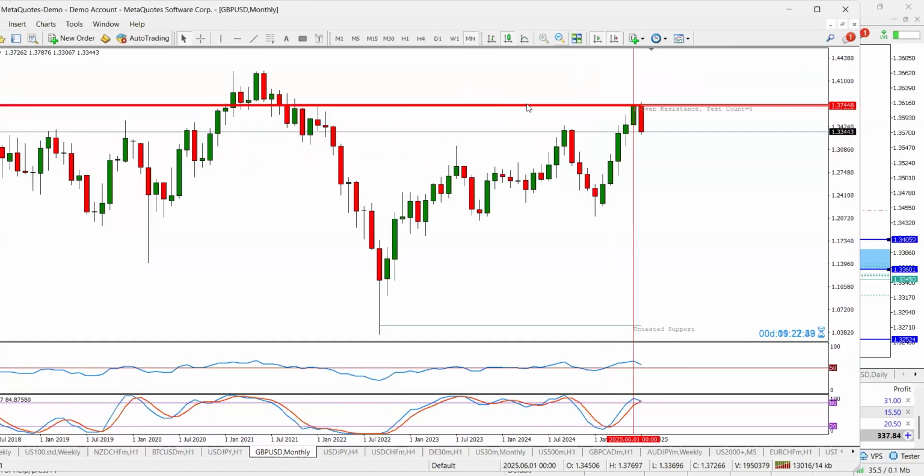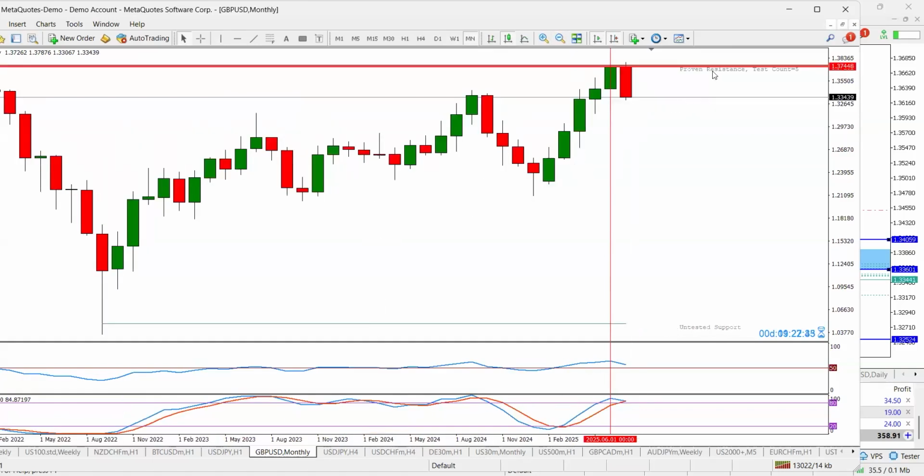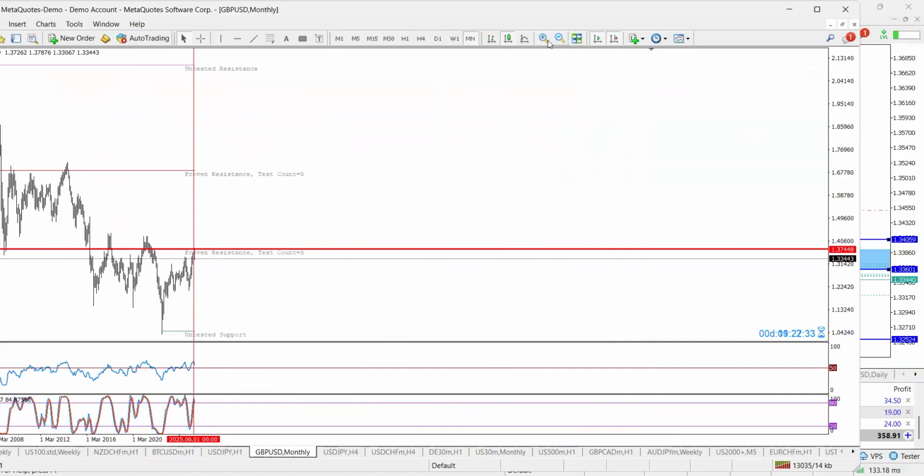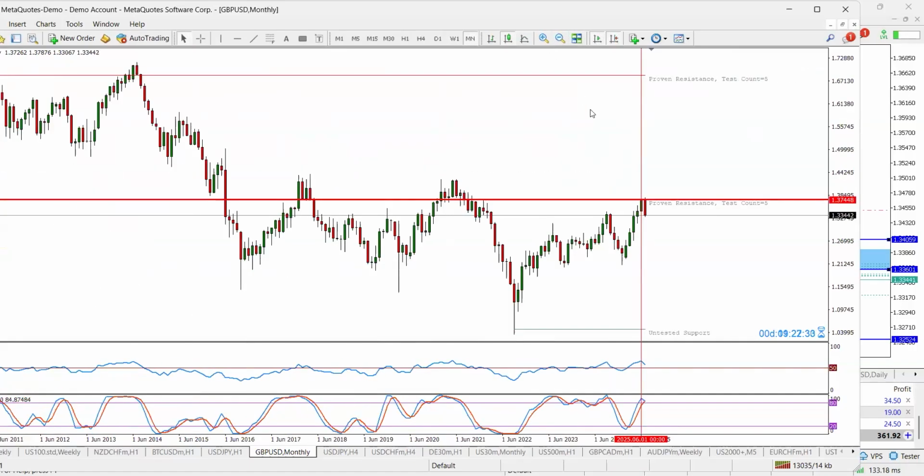Now it has gotten to this resistance. This is a proven resistance. Test count is what? It is 5. It has been tested 5 times on a monthly time frame, right?